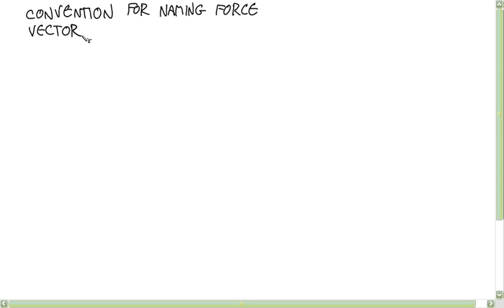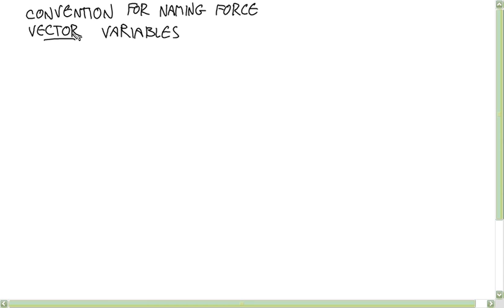Okay, so I'm going to give you a convention for naming force vector variables. I'm making the vector clear here because you can't use it on the scalars.